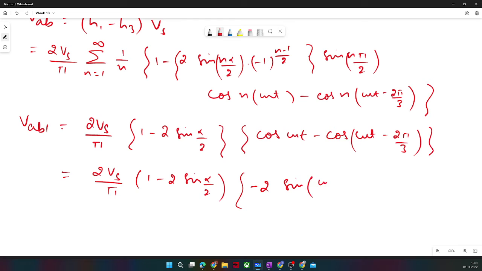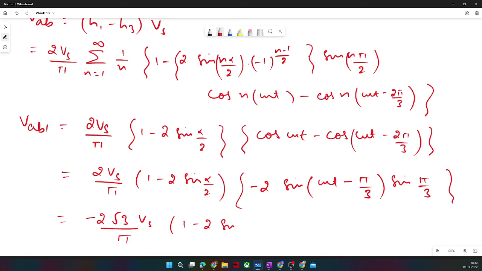So that would be omega t minus pi by 3 into sine pi by 3, I guess. So sine pi by 3 would come out to be root 3 by 2. So minus 2 root 3 Vs by pi, 1 minus 2 sine alpha by 2 into sine omega t minus pi by 3.